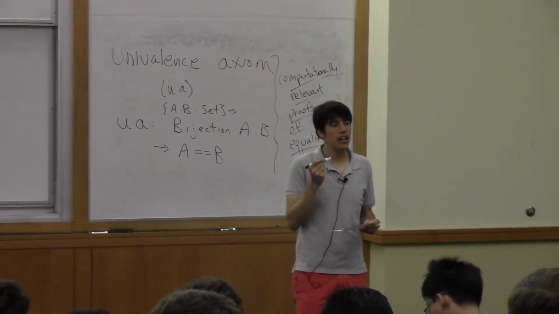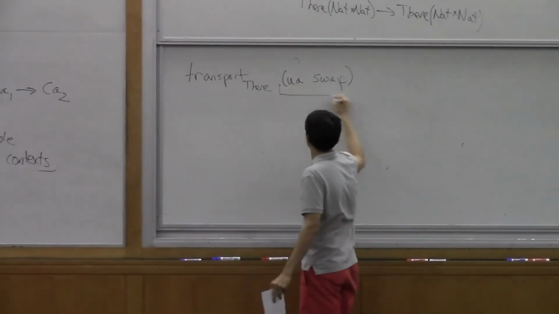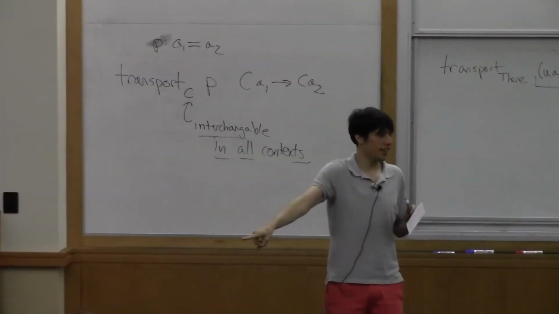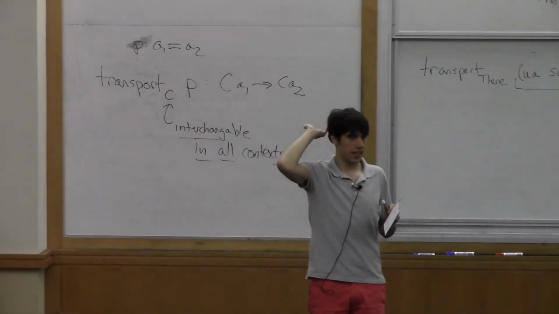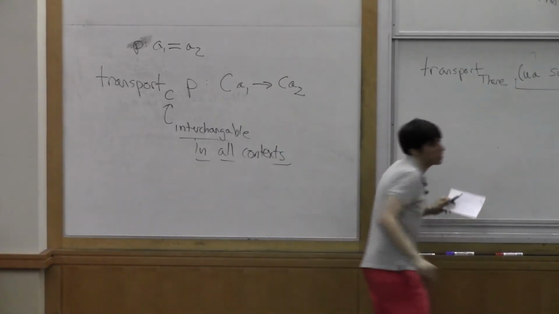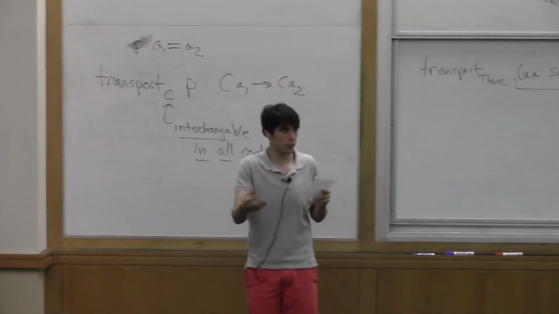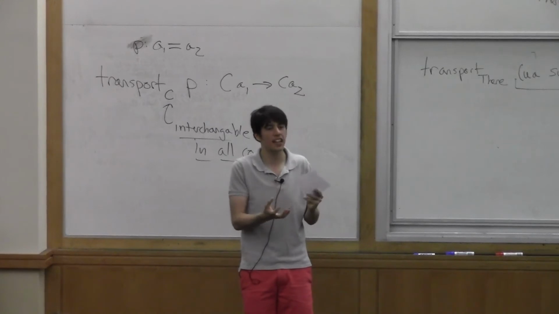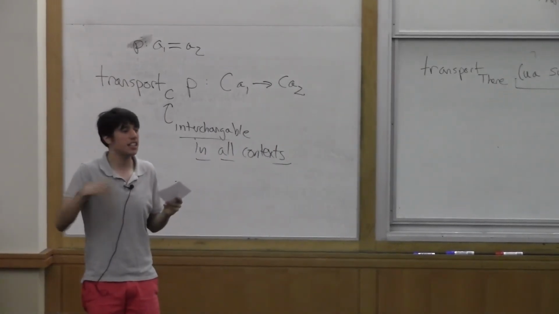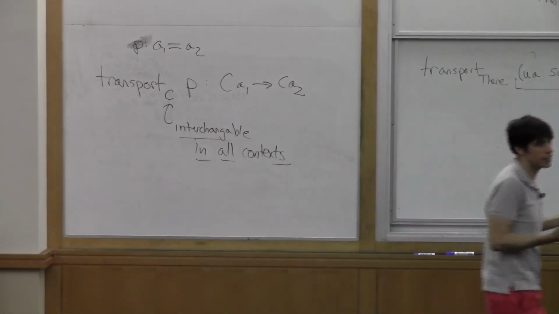Okay? We're not going to run transport by taking this proof, running it until it hits reflexivity, and then disappearing. Why not? Because this proof doesn't run to reflexivity. It's a different canonical form, like it's a different way of making a bijection between nat cross nat and nat cross nat. It's not even equal to reflexivity. So we can't run it until it turns into reflexivity, because it's never going to do that.